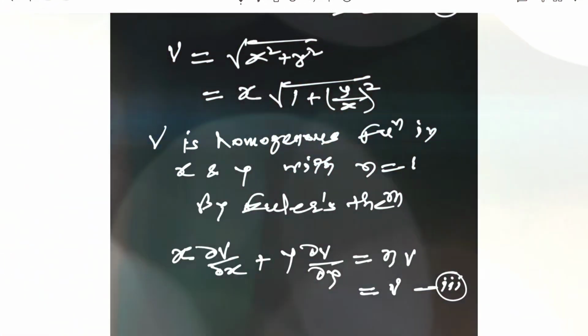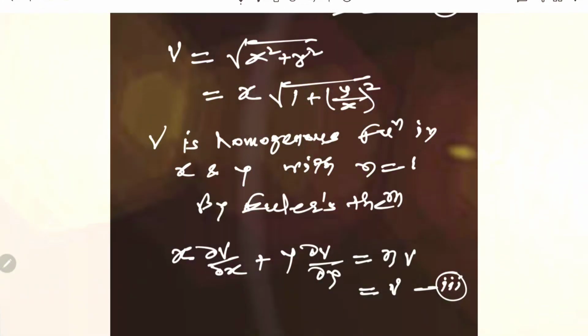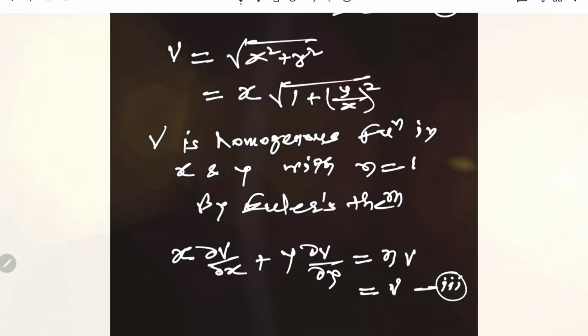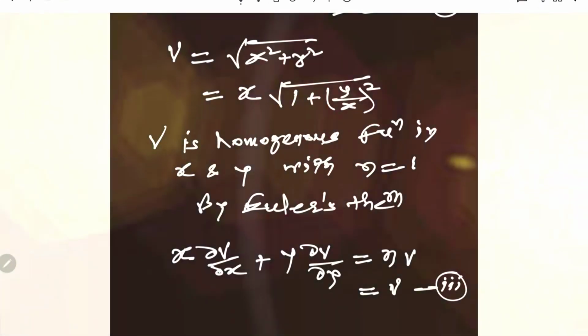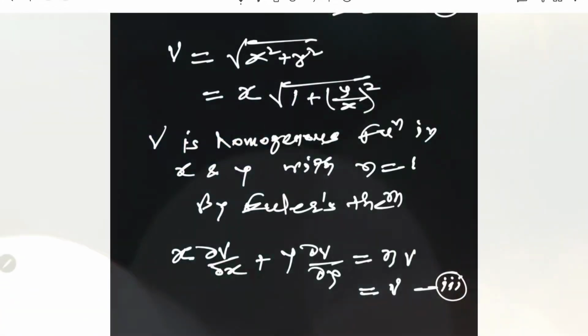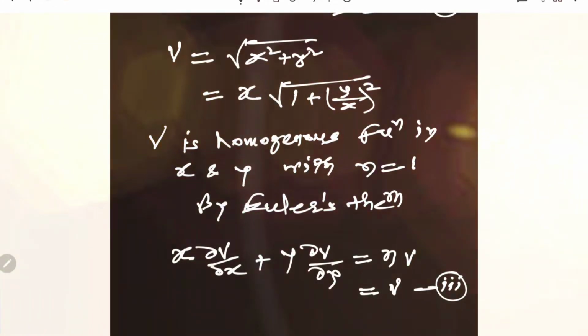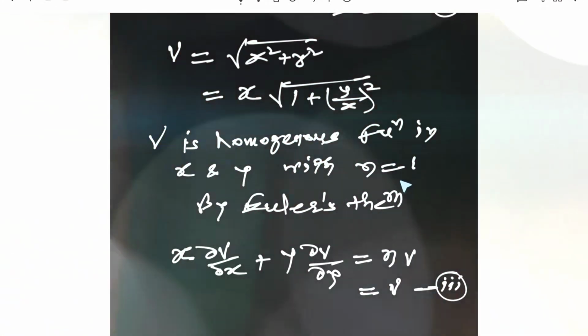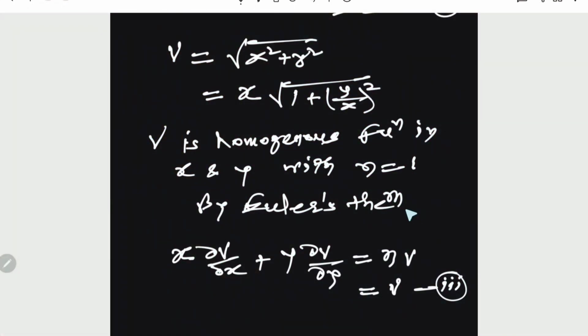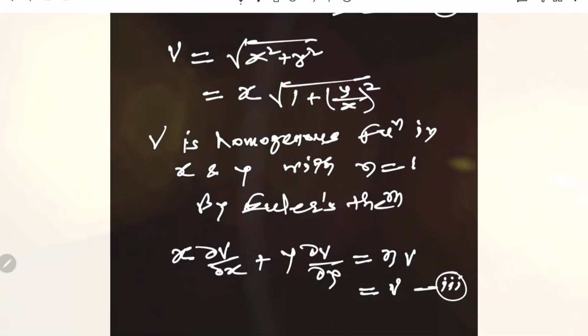Taking x square common from these two terms, square root of x square is x, we get square root of 1 plus y by x whole square. It is a homogeneous function in x and y with degree, whatever the power of x, that is the degree of that function, and therefore we get n as 1.